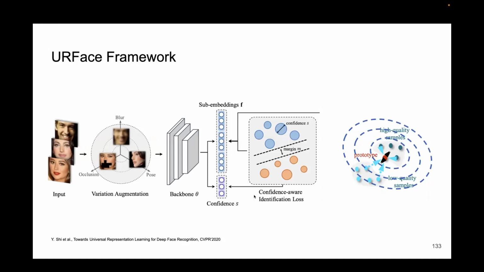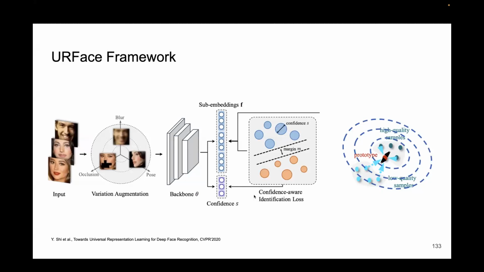The second step is that we send both the original input and the augmented inputs into the backbone and extract the feature embedding. Here, different from traditional methods, we separate the original holistic embedding into multiple groups. This is based on the observation that a single holistic embedding is a little hard to use to cover the entire variances we just introduced from the variation augmentation.